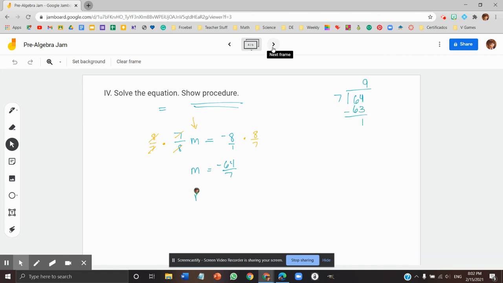Therefore, m equals negative. Never forget that negative. 9 is my whole number, 1 is what was left from my long division, over 7, that is my denominator. And that is how you solve that one.